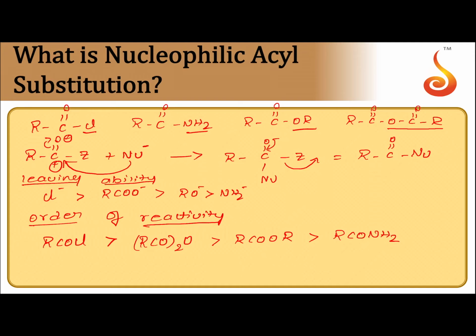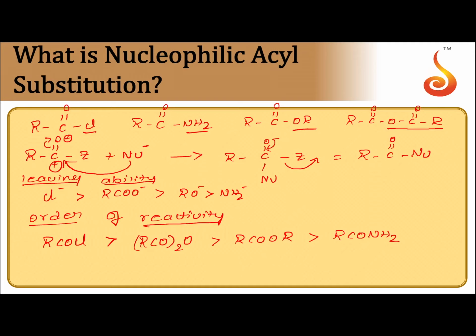If you see the derivatives of carboxylic acids, the leaving ability of the different derivatives is: Cl minus is a better leaving group than RCOO minus, which is better than RO minus, which is better than NH2 minus. So acid chlorides are more reactive than anhydrides. Anhydrides are more reactive than esters.